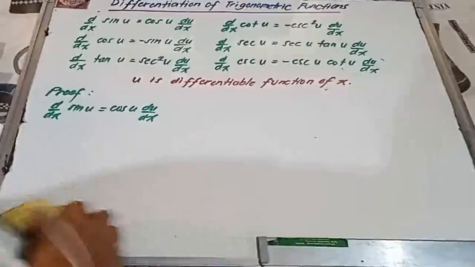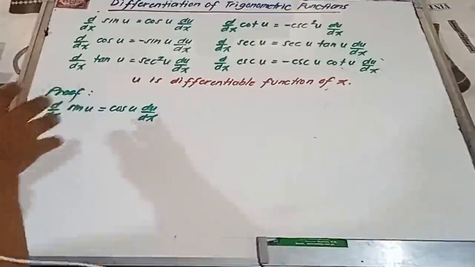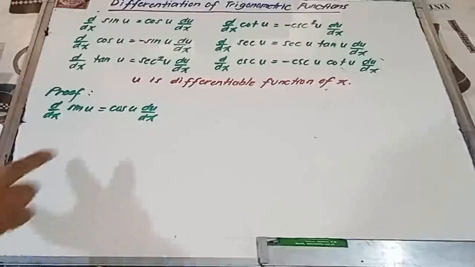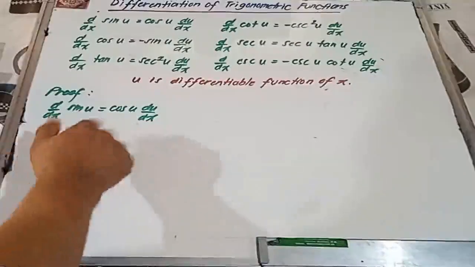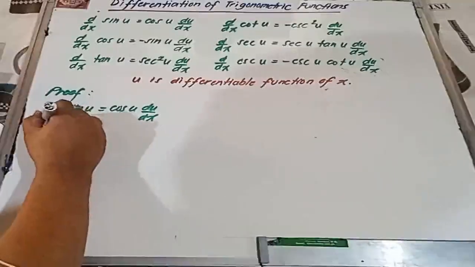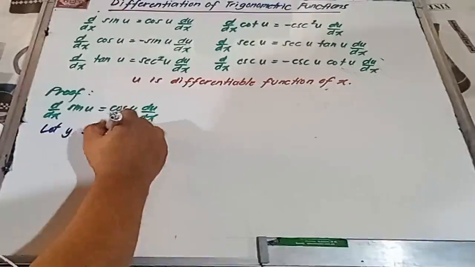Now, after I have presented to you the formulas that we will use in getting the derivative of trigonometric functions, we will prove some of the formulas here. So, we will prove that the derivative of sine u equals cosine u du over dx. Okay? So, first thing to do is to let y equal sine u.